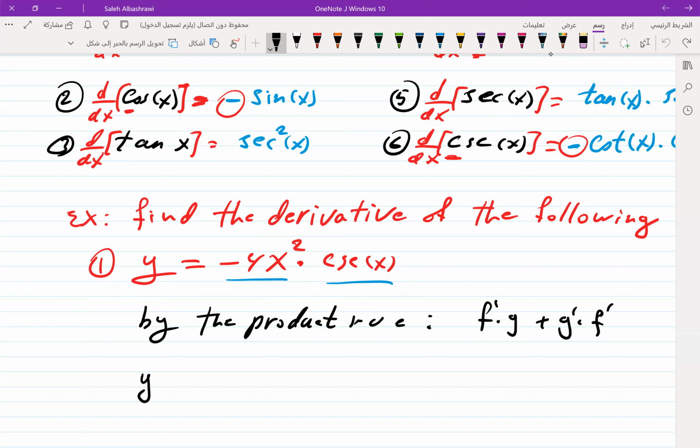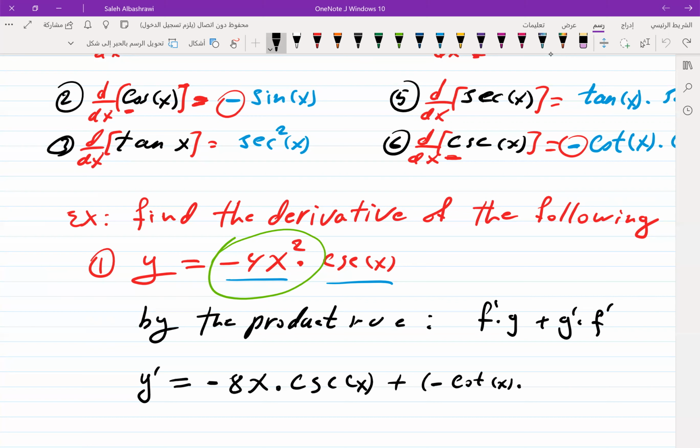Y prime, the derivative of this function, is equal to the derivative of the first function, minus 4x squared, which is minus 8x, multiplied by g, which is cosecant of x, plus the derivative of the cosecant, that is minus cotangent of x multiplied by cosecant x, multiplied by the first function f, which is minus 4x squared.